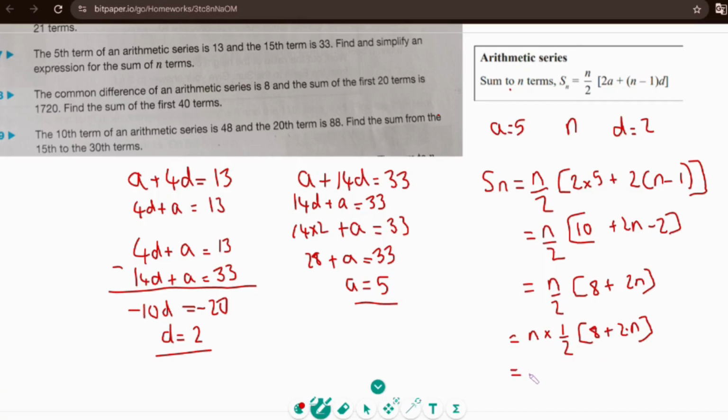Oh, I could have done that without doing that, but never mind. 8 times a half is 4, times n is 4n. Multiply out by the 2n, so n times a half times 2n now, because I'm just multiplying out my brackets. Half times 2n is n, times n is n squared. There is your expression for the sum of n terms.